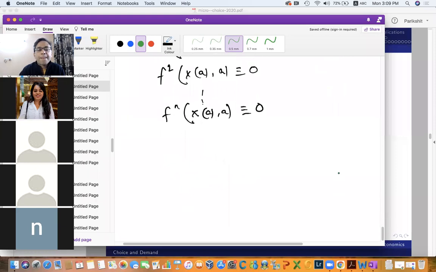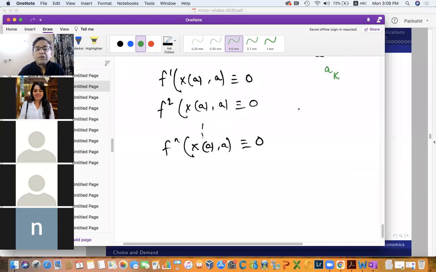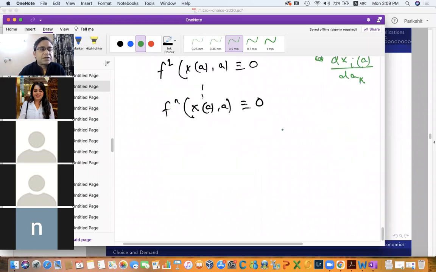Well, what we are asking is essentially, what is the nature of dxi/dak? The kth parameter shifts, what happens to the ith endogenous variable obtained from this set of equations?